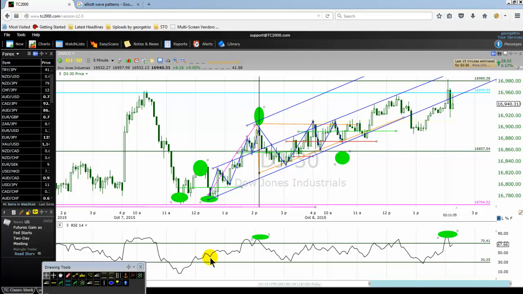So the best overbought RSI will take place at the end of the 5th Elliott Wave. If you do not know anything about Elliott Wave, I'll refer you to www.24elliottwave.com, where you can learn to master the wave principle.